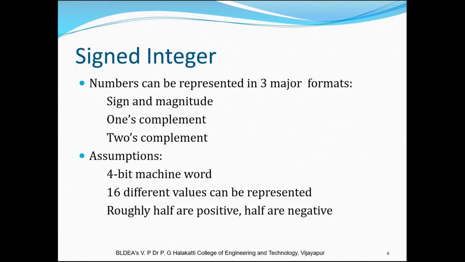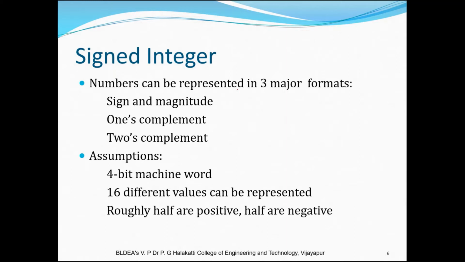When we are going to represent both positive and negative numbers, we have signed integers, wherein numbers can be represented in three major formats: sign and magnitude, ones complement, and twos complement.